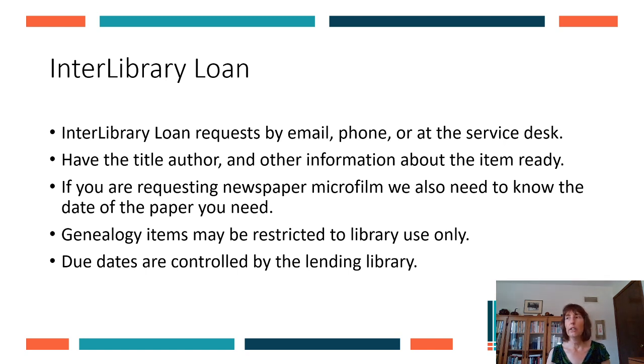Tell us the title, author, and whatever other information you know about the item. If you're requesting a newspaper microfilm, we also need to know the date of the paper you need. You do need to be aware that the microfilm and most other genealogy materials borrowed through interlibrary loan are often restricted to use in the library and cannot be checked out.